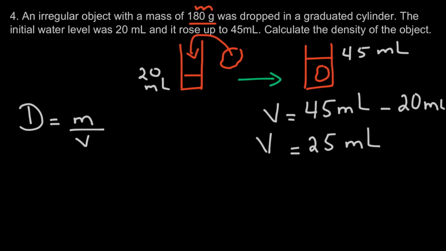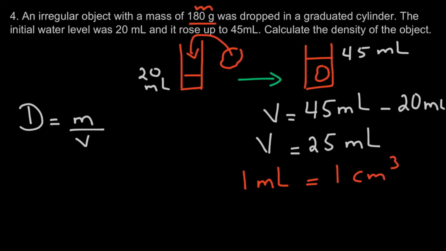That's for the volume. If you noticed here, the volume is in milliliters because we're checking the water level. But if we want to get the volume of a solid object, we have to use centimeters cubed. So 1 milliliter is exactly equal to 1 centimeter cubed. They're exactly the same, but it depends.